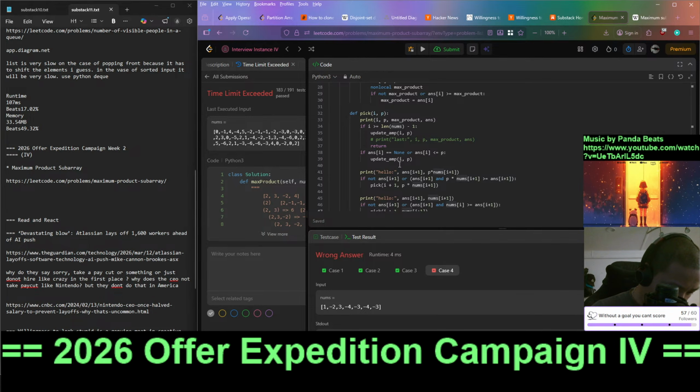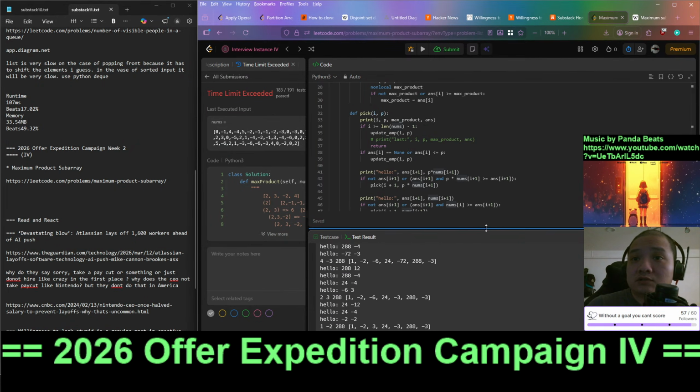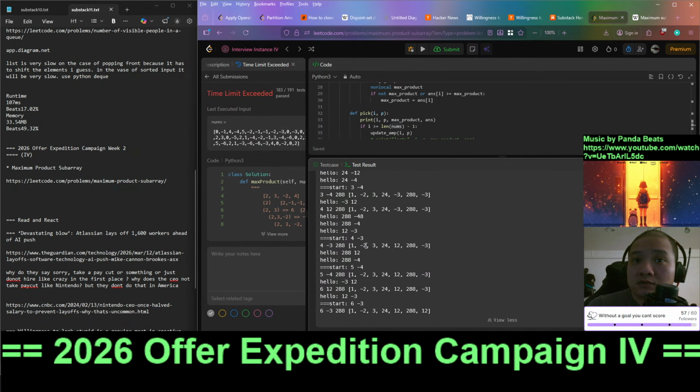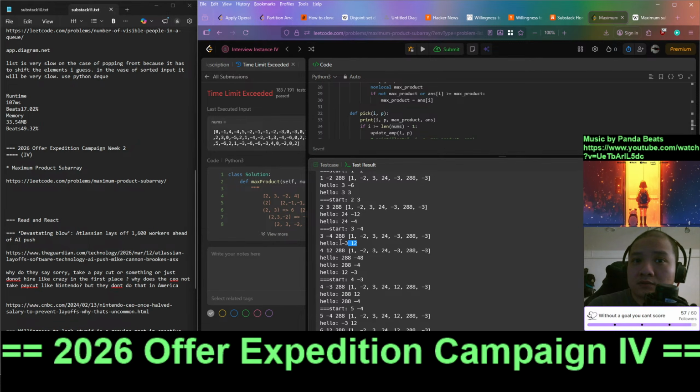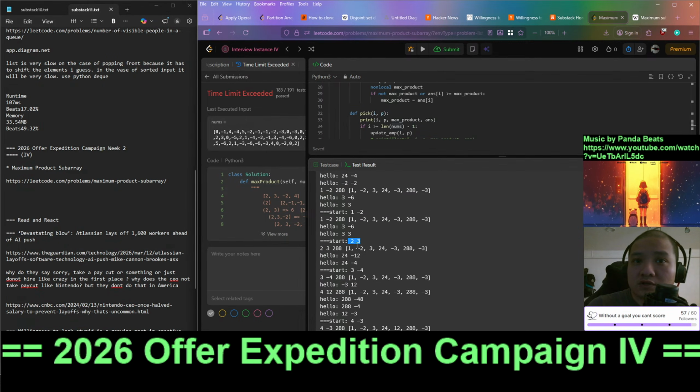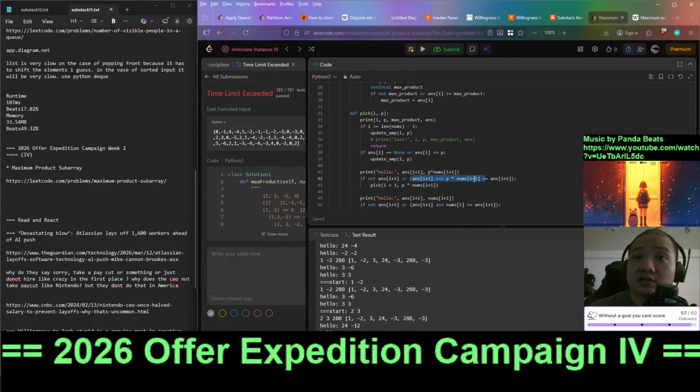So we have 1, negative 2, 3, 24, negative 3, 288, negative 3. We start at 3, and our early optimization is doing this checking early, which is wrong, which probably gives us the wrong answer.